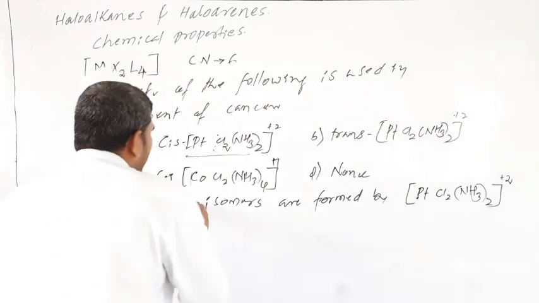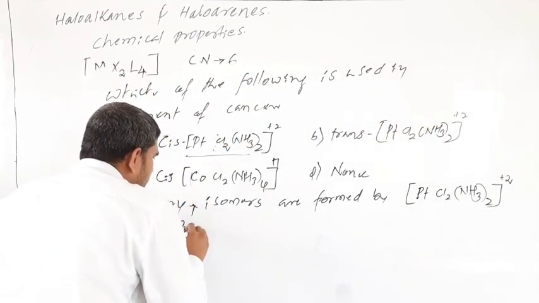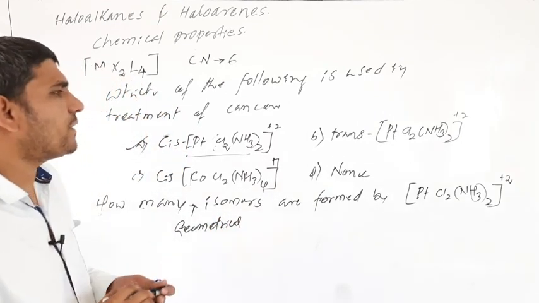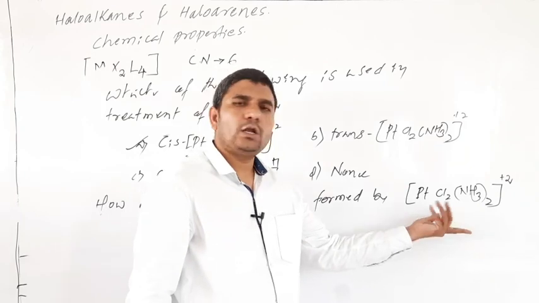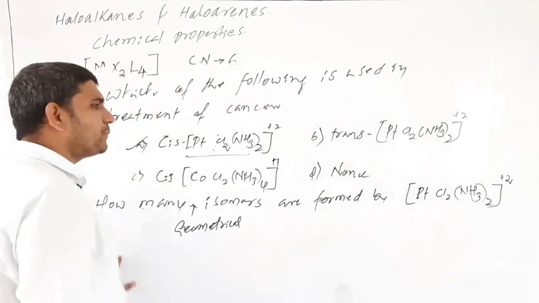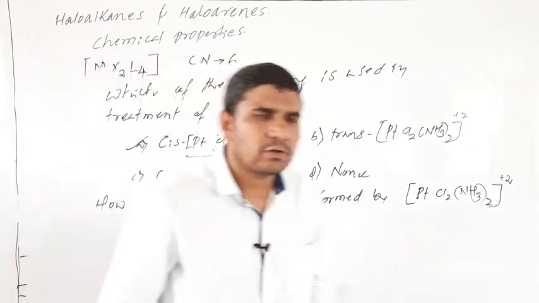How many geometrical isomers are formed by this? 2. One is cis, another is trans. They will provide options like 2, 3, 4.